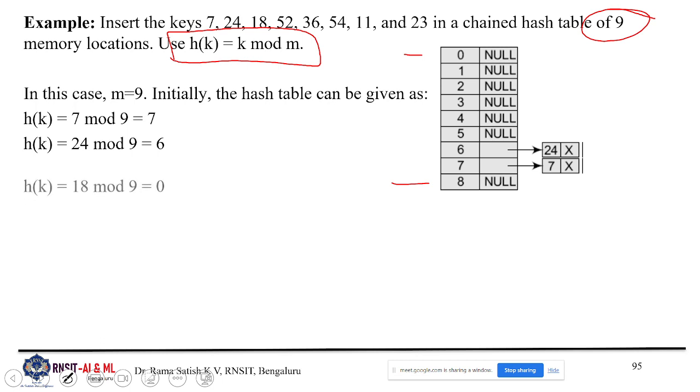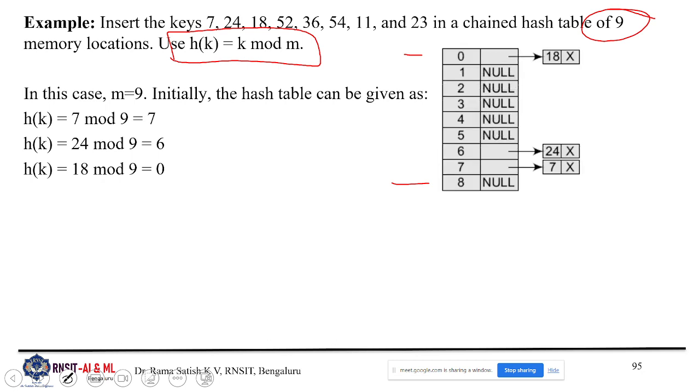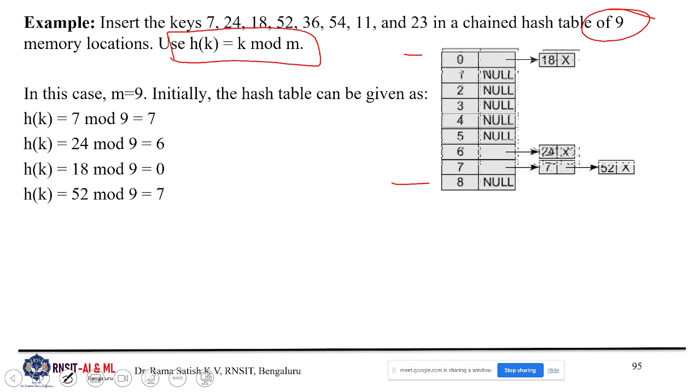Similarly, 18 modulus 9 is 0. Exactly, it will store 18 in 0th location. And 52 modulus 9 is 7. And of course, there is a collision. If collision is there, no problem. It will create another linked list node, and it will link.